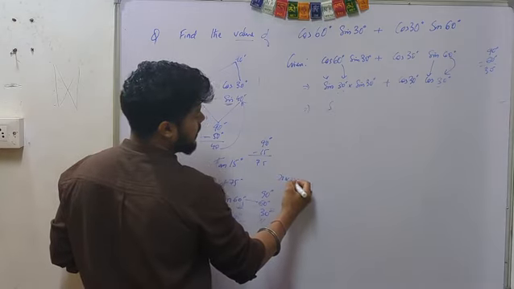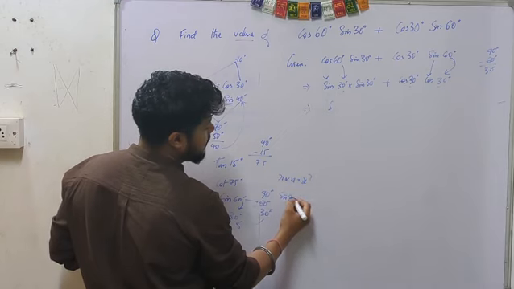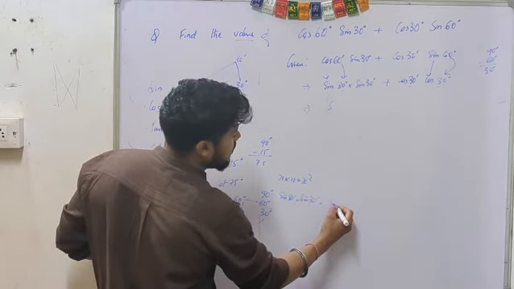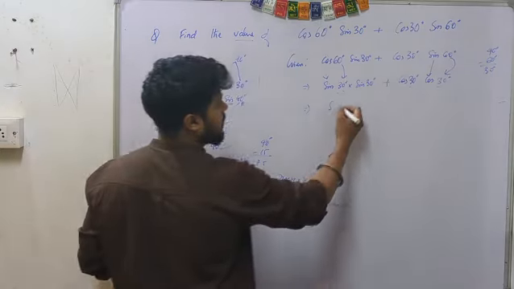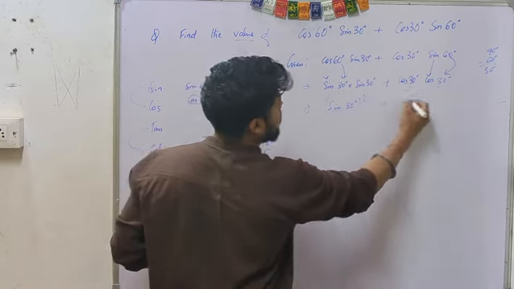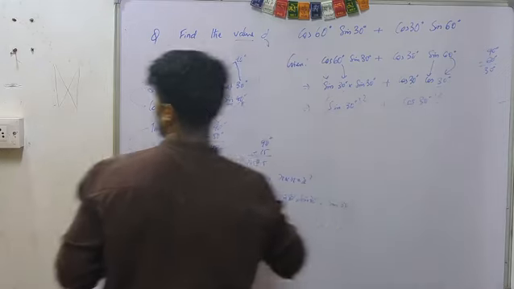Remember, x into x is always x square. Same way, sine 30 degree into sine 30 degree gives sine square 30 degree, and here cos square 30 degree.